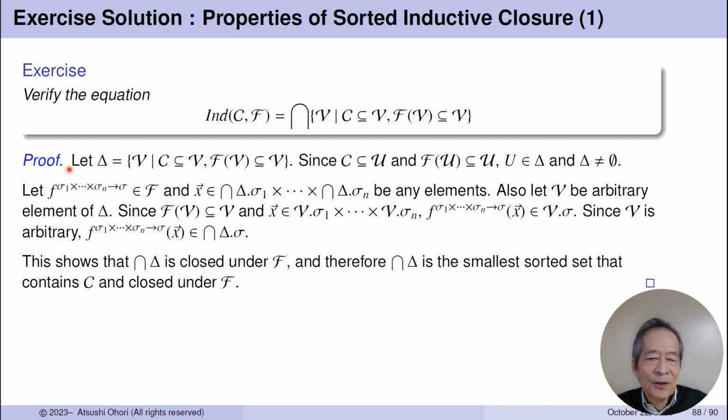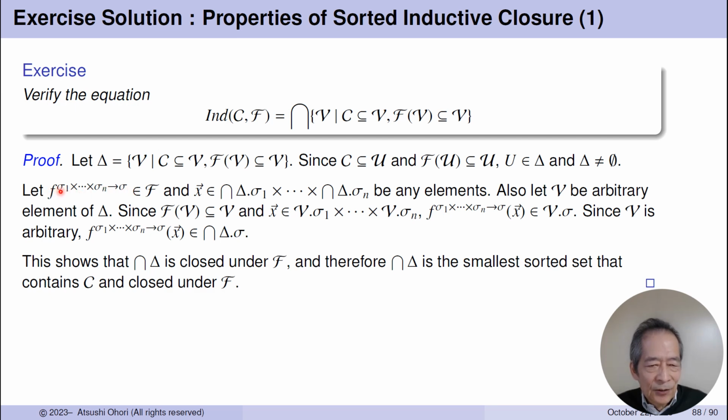So proof. This is a sample proof. Let delta be this set, right? Then, since the universal sorted set contains C and is closed under F by definition, this delta contains this set, and therefore this is not empty. Now we pick an arbitrary element from this set, and then this element has this shape, this sorted function.